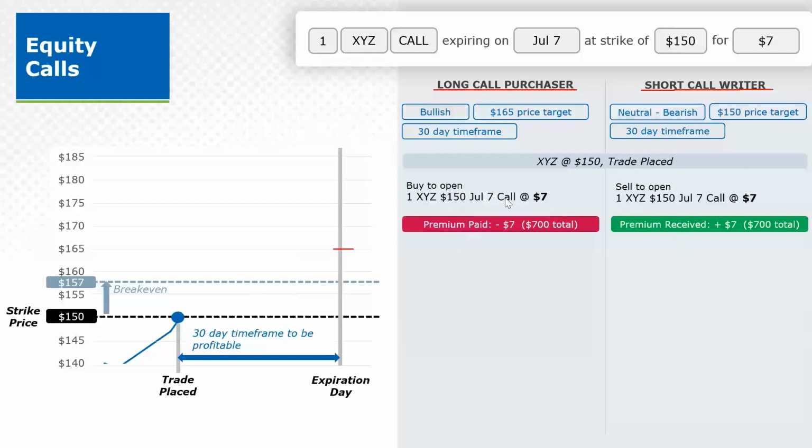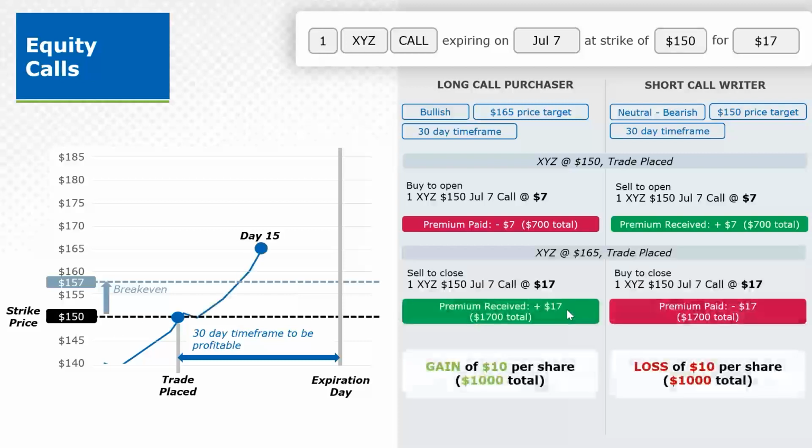So he will sell that same call option that the long call purchaser will buy, and therefore he will receive $7 per share, or $700 in total, whereas the long call purchaser will have to pay $700 in total. That's quite simple enough to understand.